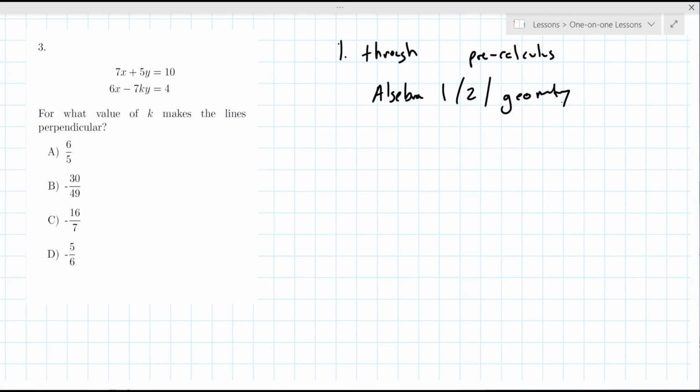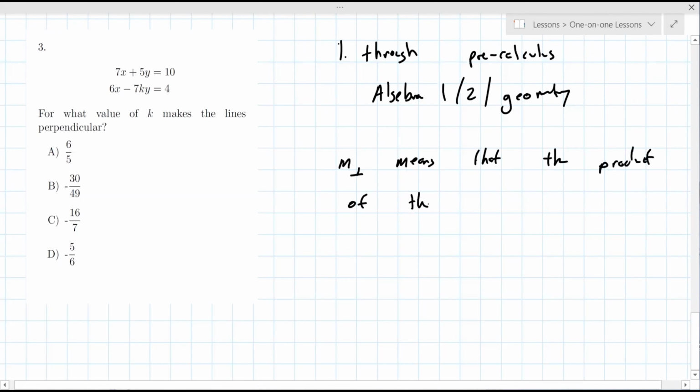The way you are taught to learn in your classroom is very different from the way you have to do it for this test. This is a great example. If I said, tell me what makes 2 lines perpendicular, you probably know that the product of the slopes is -1.